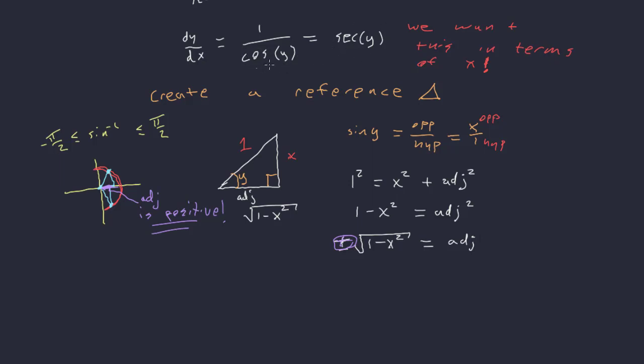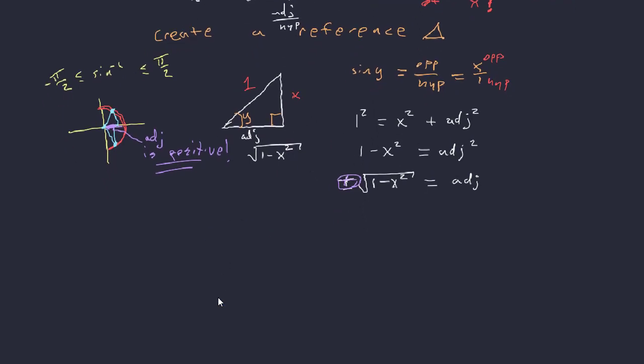So cosine, remember, is adjacent over hypotenuse, and that makes secant hypotenuse over adjacent. Okay, so this is why we had to do this, because we needed this side adjacent to finish this off. So finally, we can, down here, let's do it.